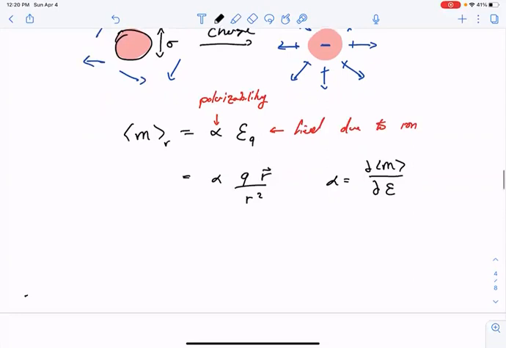The corresponding energy change associated with polarizing a dipole, if that dipole really acts within linear response, so it exhibits Gaussian fluctuations, the change in the energy can be computed.